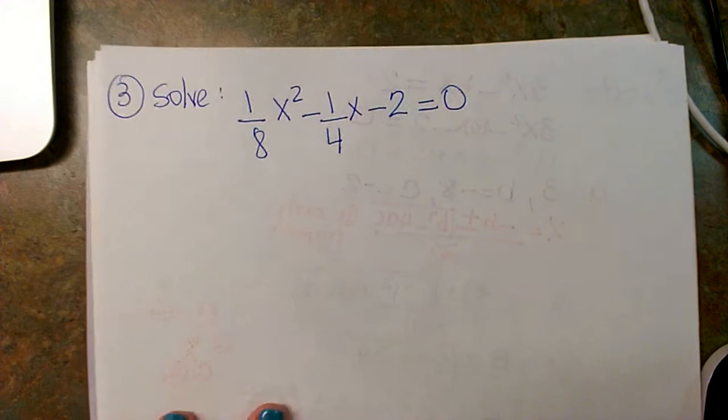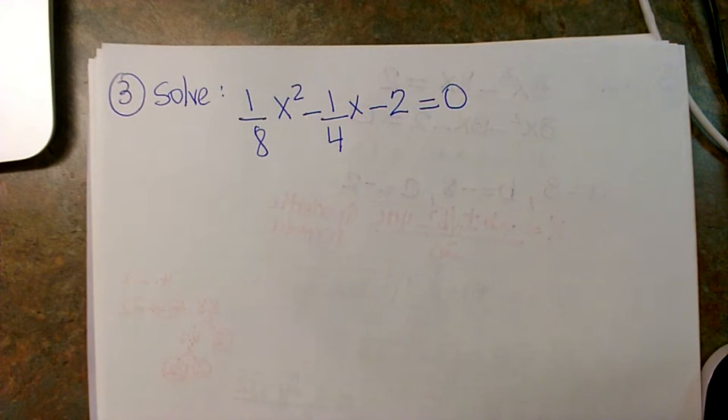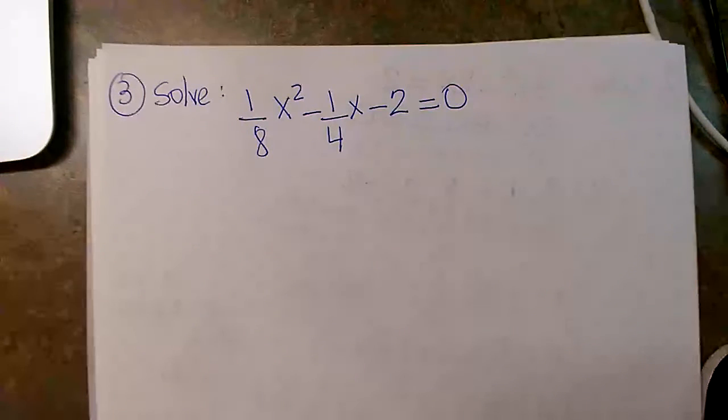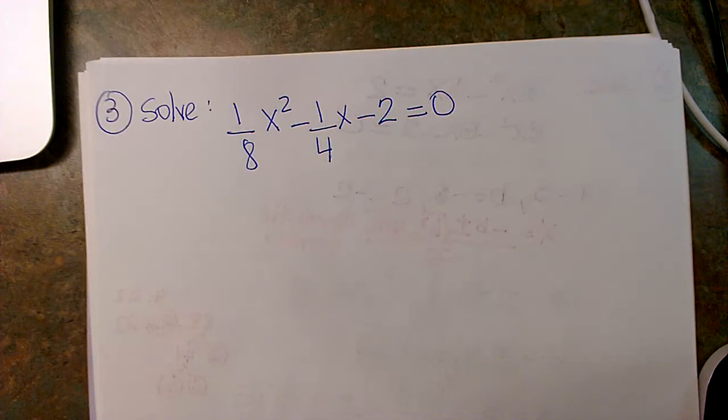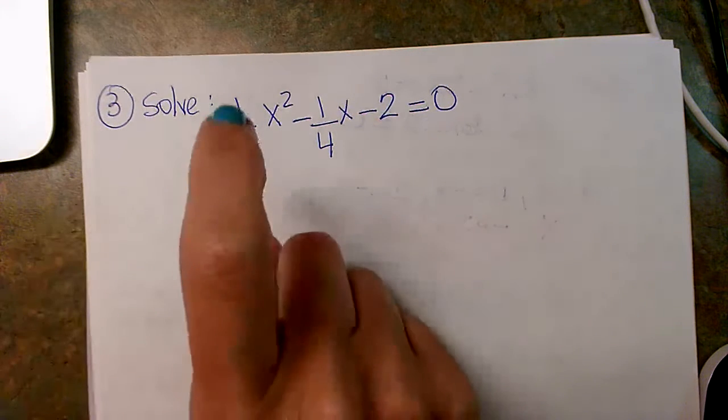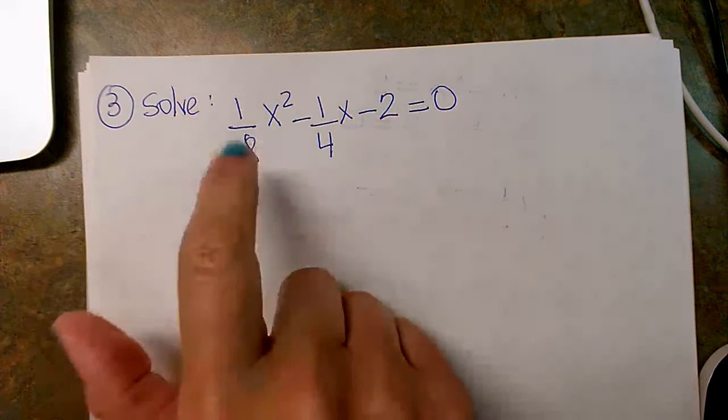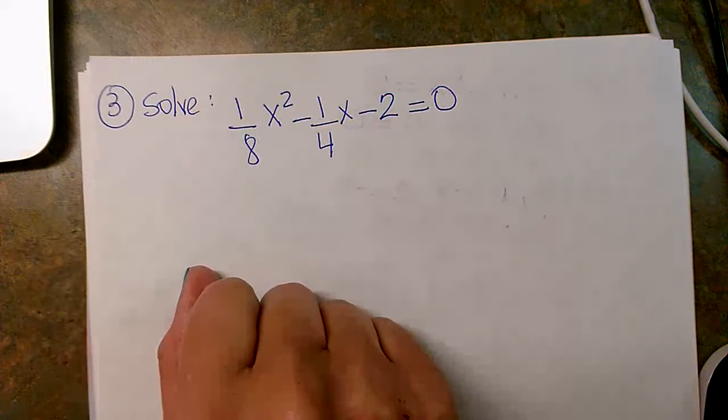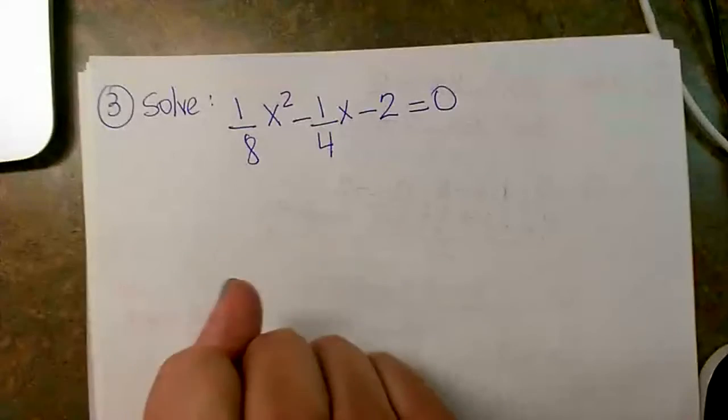So again, the first thing that I'm going to do, go ahead and write it down. First thing, I'm going to multiply by 8 to get rid of the fractions. Okay. How do I do that?